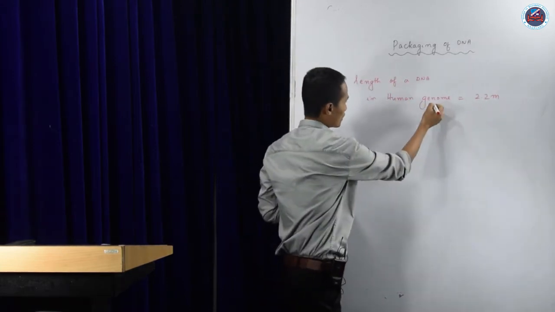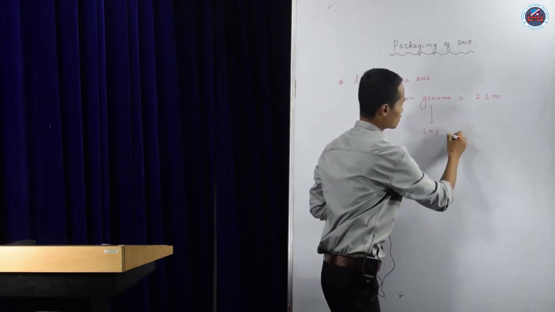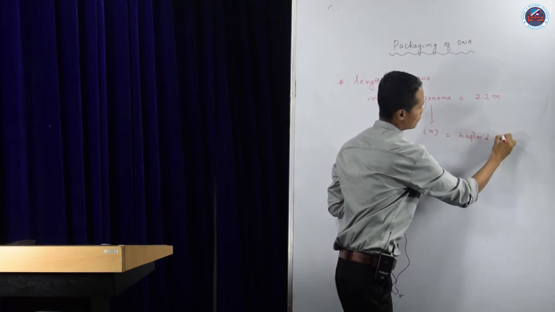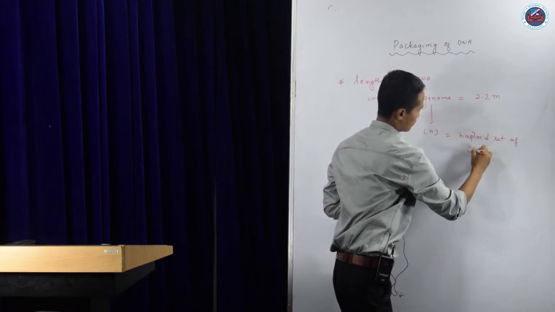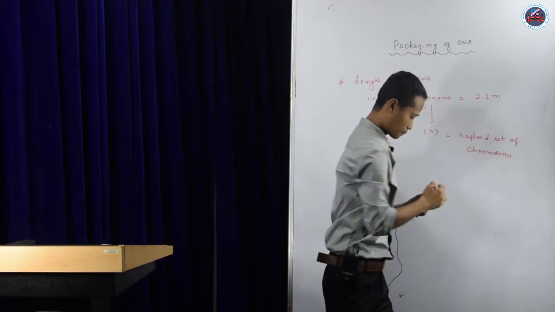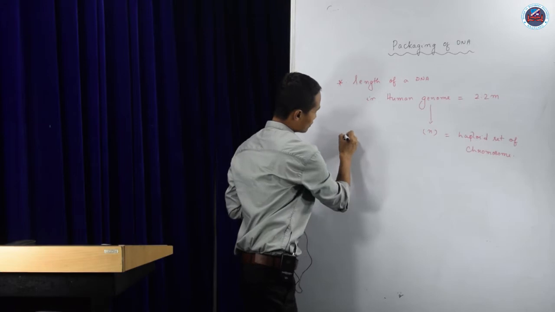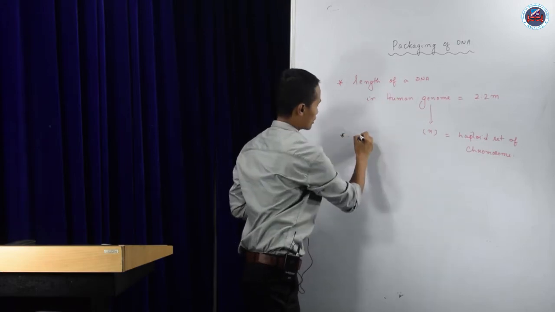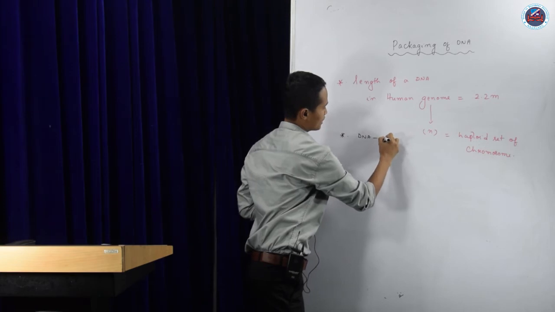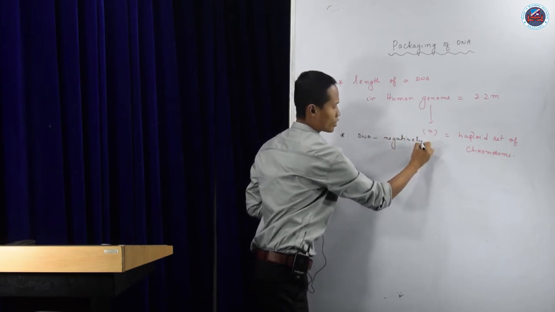Just say that one genome is nothing but a haploid set of chromosomes. One thing you have to know is that DNA is always negatively charged.